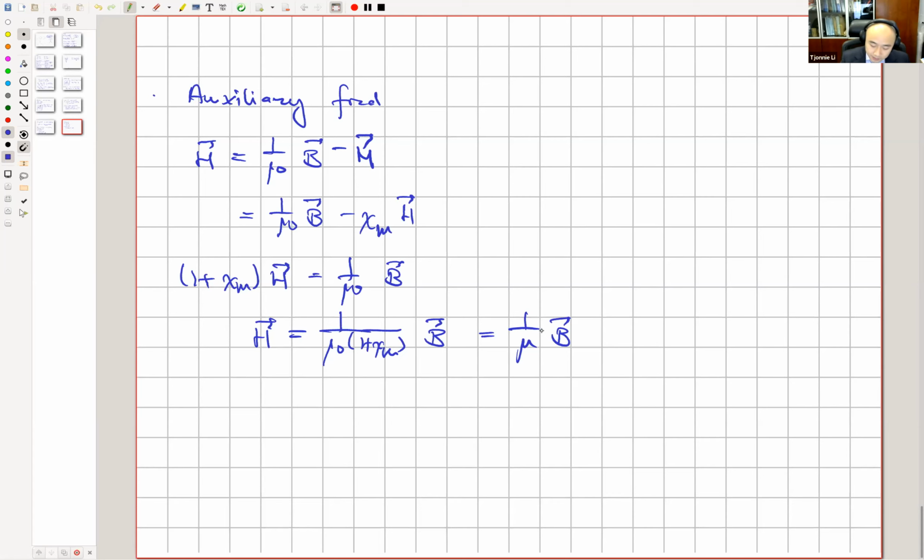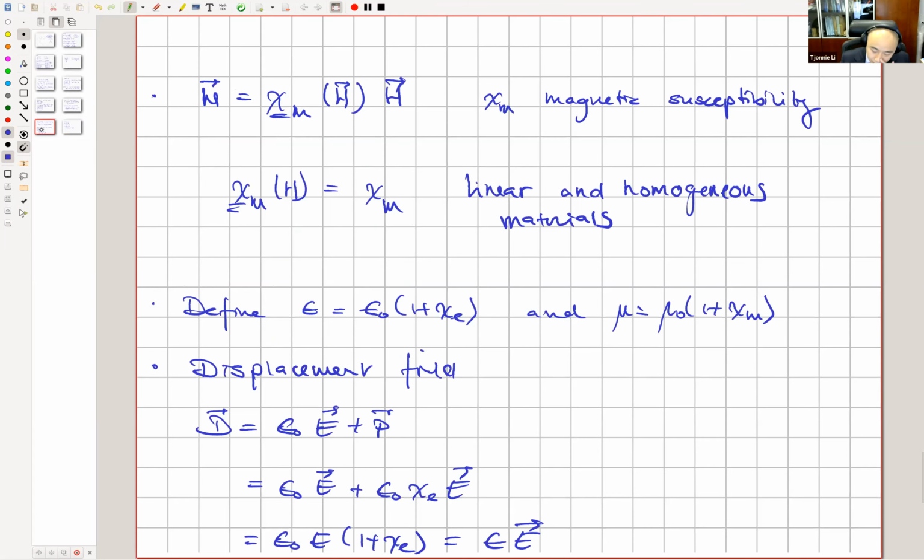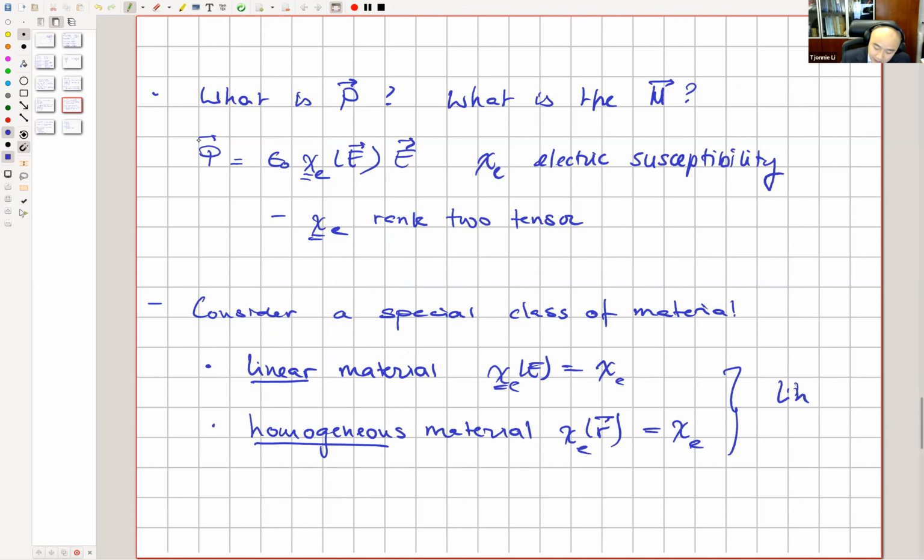This makes it simple because now I, in principle, don't need to consider the exact form of P, because I know it's proportional to E. I want to stress that this is only in the case of these linear and homogeneous materials.